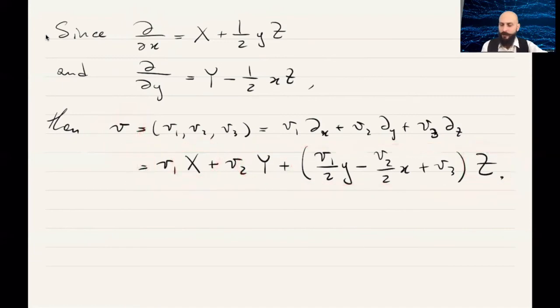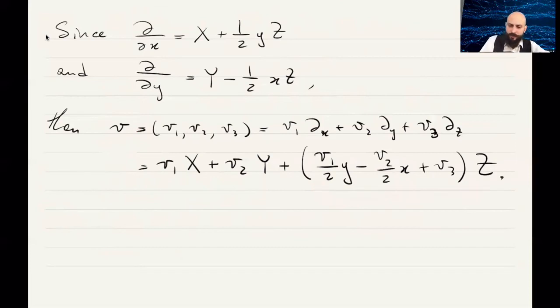Okay, now what does it mean that this vector is in the distribution, in the plane field given by delta? This was exactly that this was 0.